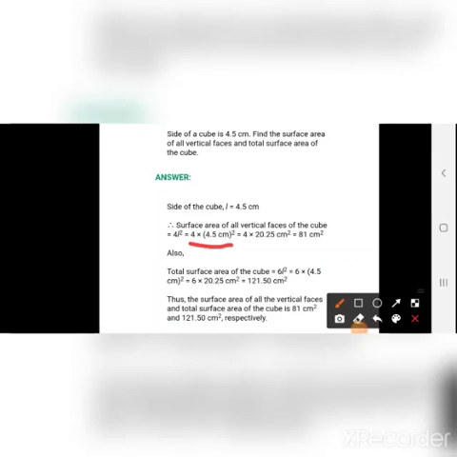Next is an example of a cube. Side of the cube is given as 4.5. Once the side is known, we can find its vertical faces area, its total surface area and volume. So let us take 4L square. 4 into 4.5 whole square. 4.5 whole square will be 20.25.